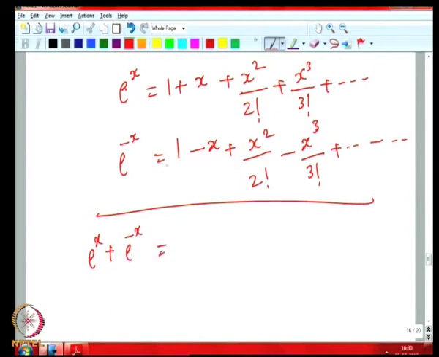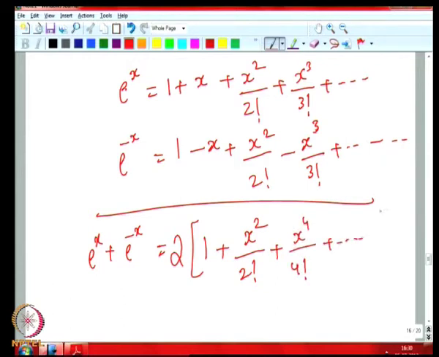What do you get? We get 2 into 1 plus x square by 2 factorial, x raised to 4 by 4 factorial. All the even powers will remain, odd powers will cancel off. So we can take this 2 here. So this is what we were looking at: 1 plus x square by 2 factorial plus x raised to 4 by 4 factorial.